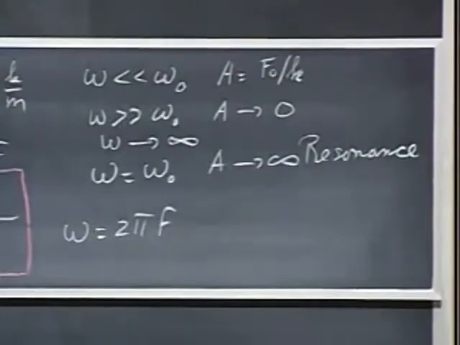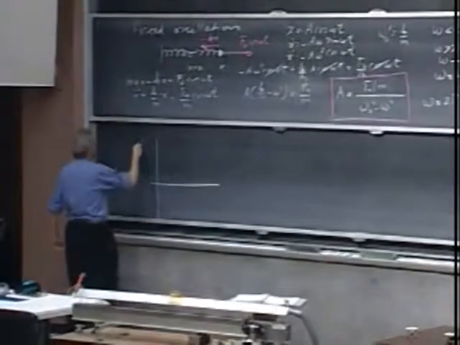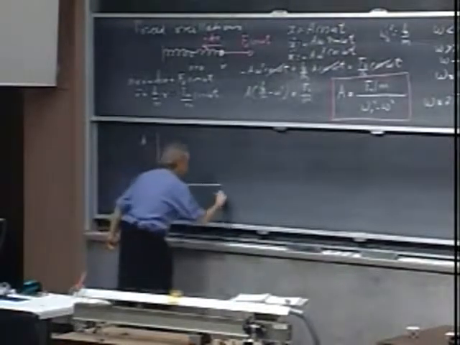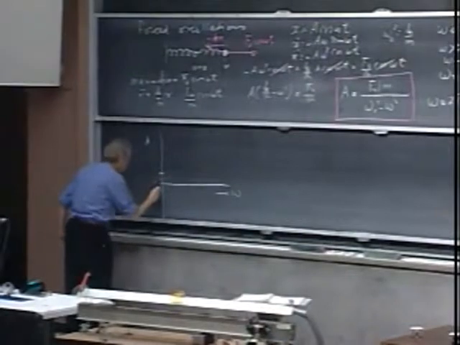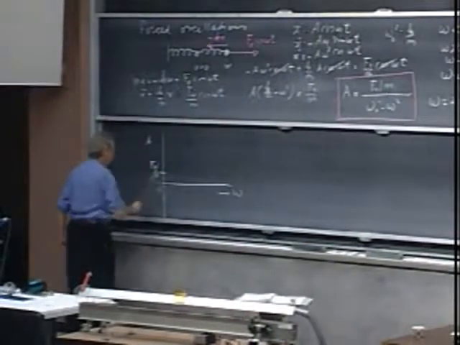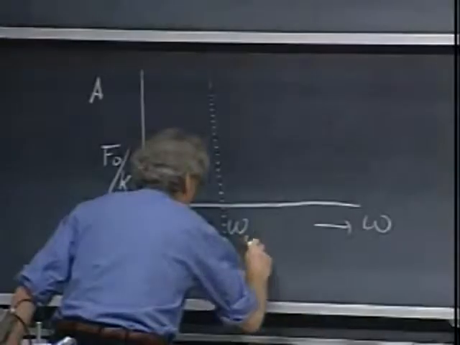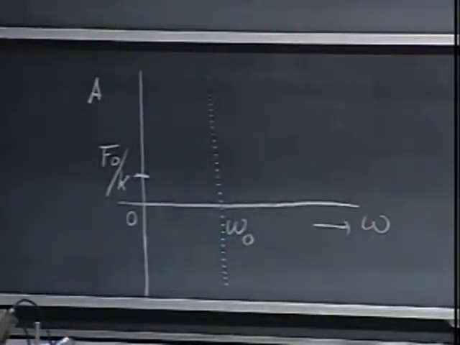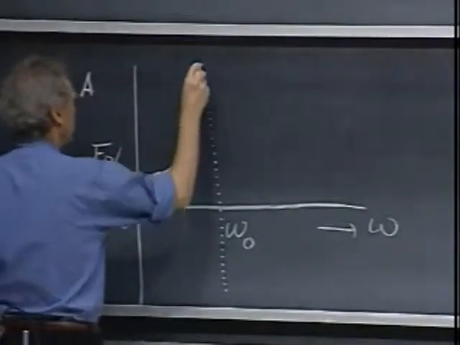If I make a plot of the amplitude versus frequency omega, then at low values the amplitude is f0 divided by k. When I hit the resonance frequency, the natural frequency of the system, it goes out of hand, goes to infinity.